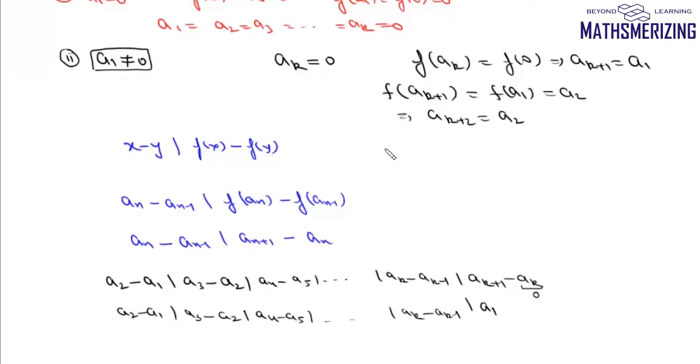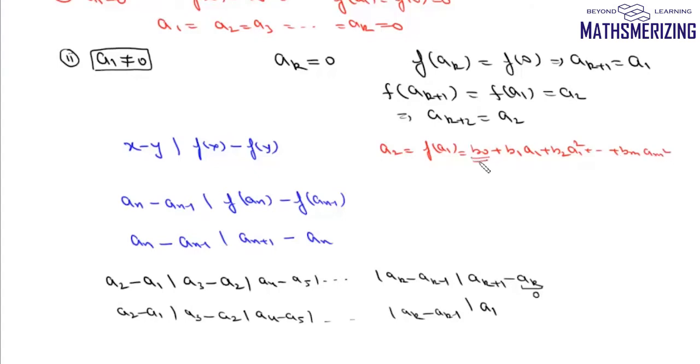We can also say that a2 is f(a1), and f(a1) is b0 plus b1a1 plus b2a1 squared plus up to bm a1 to the power m.